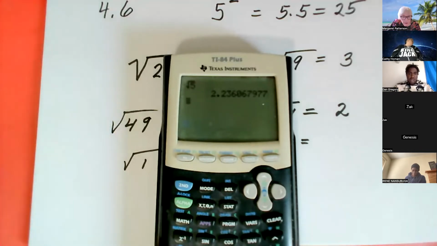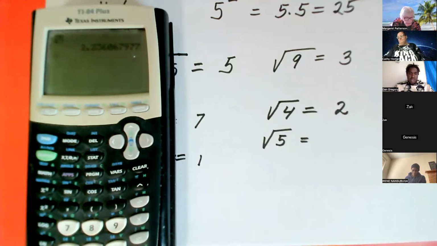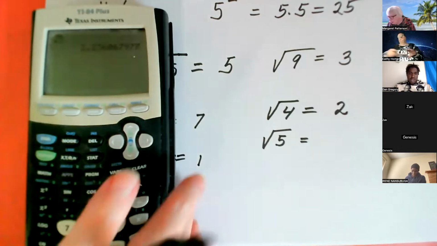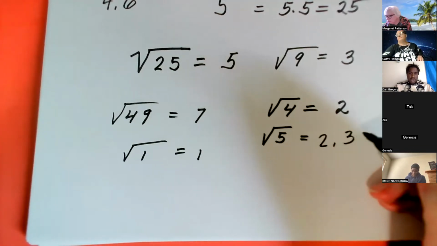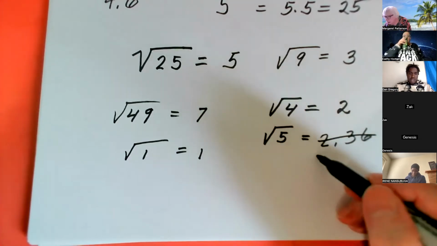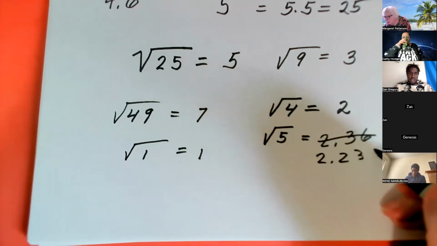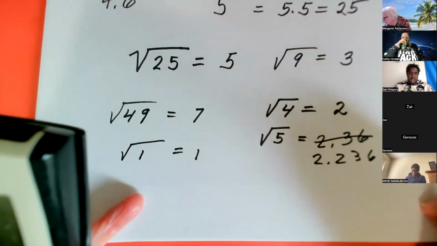And so what do you do with numbers like this? Well, I mean, you can't ever write the whole number. It's impossible. So for practical purposes, write 2.2360679, and so on.